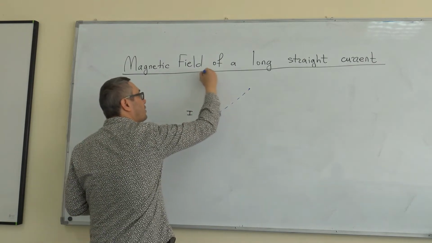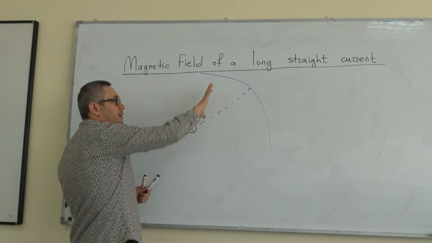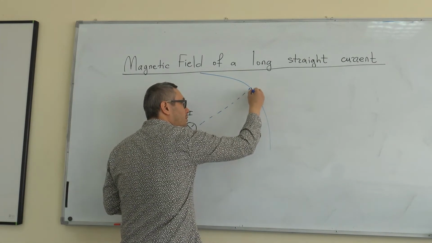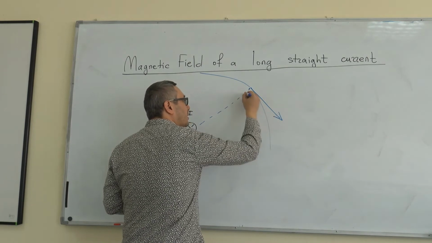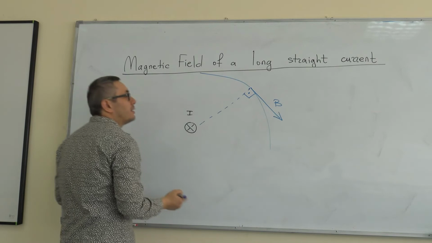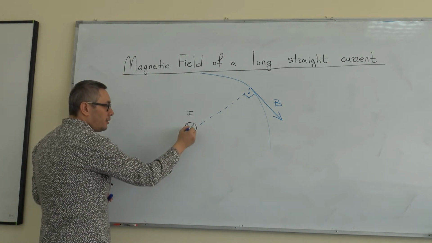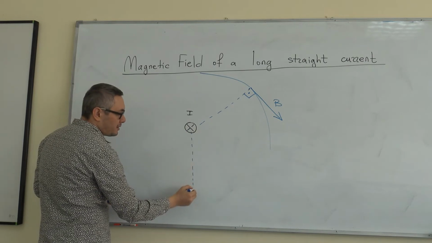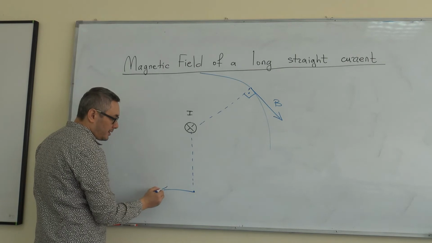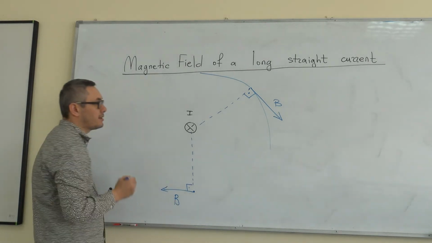I draw a circle like this, and the direction at this point is pointing tangentially to the circle, and so perpendicular to this radius at that point. So this is your magnetic field B. Using the same logic, you can find the magnetic field at this point, and it will be exactly horizontal and pointing to the left. Same magnetic field.